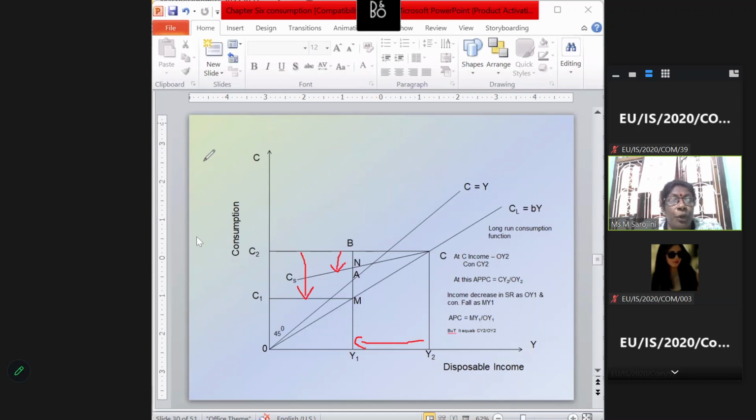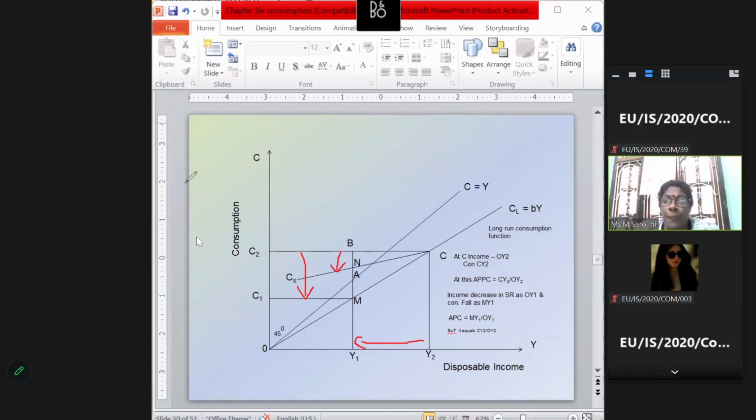But because of the ratchet effect or the demonstration effect, the consumption only decreases by the BN amount rather than BM, because the individuals or the households resist their decline in standard of living. Here BN is smaller than BM.